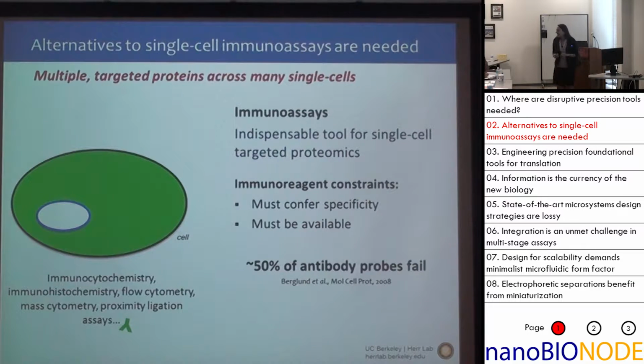This being able to identify specific protein targets in single cells with a confidence that far exceeds what we're able to do today. And in fact, just to add a little bit more urgency to this problem, benchmarking, trying to understand the current state of the technology, you will find that roughly a good estimate is about 50% of the immunoreagents that are available today do not work as expected, right?